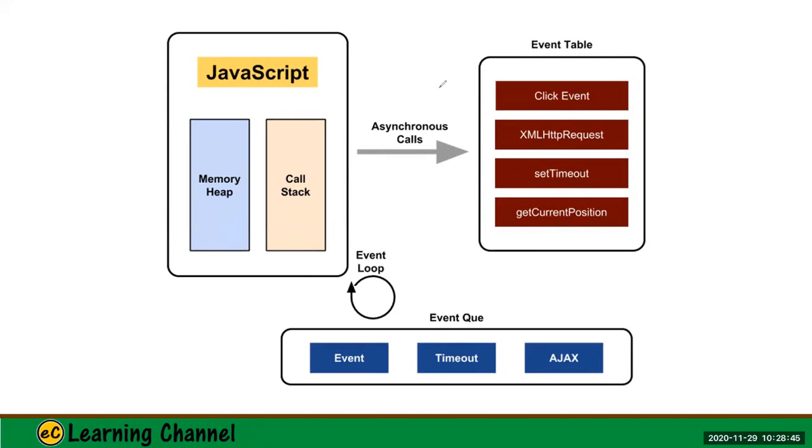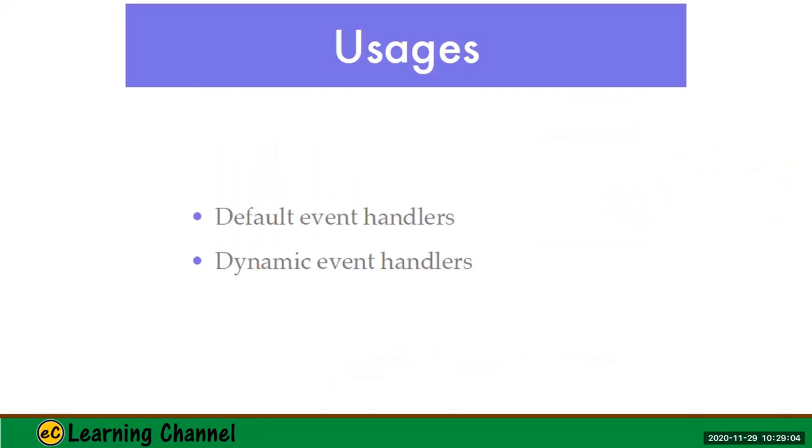In fact, setInterval is also an event related to the timer. The setInterval we used last time is also an event. It's a time event. So there are time events, mouse events, keyboard events, different kinds of events. It will happen in your event-driven programming environment. Okay, so you have default event handlers, dynamic event handlers. We will talk about it.